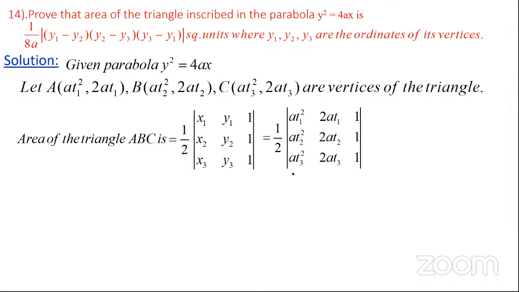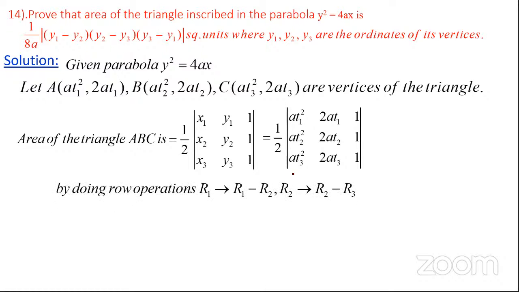Then we know how to simplify determinants of matrices. By doing row operations, R1 is changed to R1 minus R2, and R2 is changed to R2 minus R3. First we do this one, and next this one.